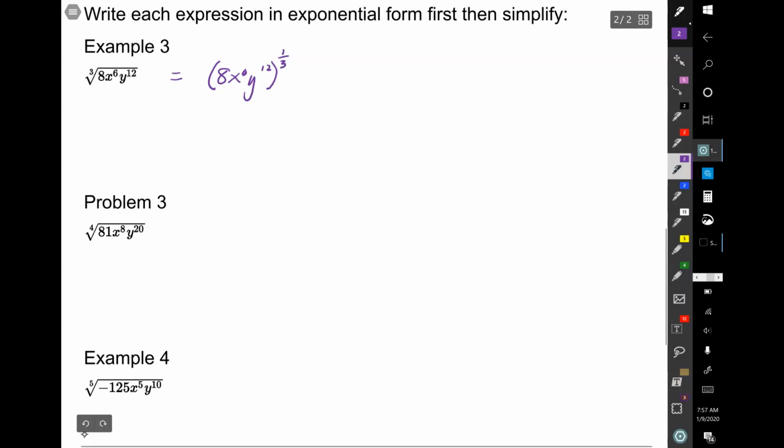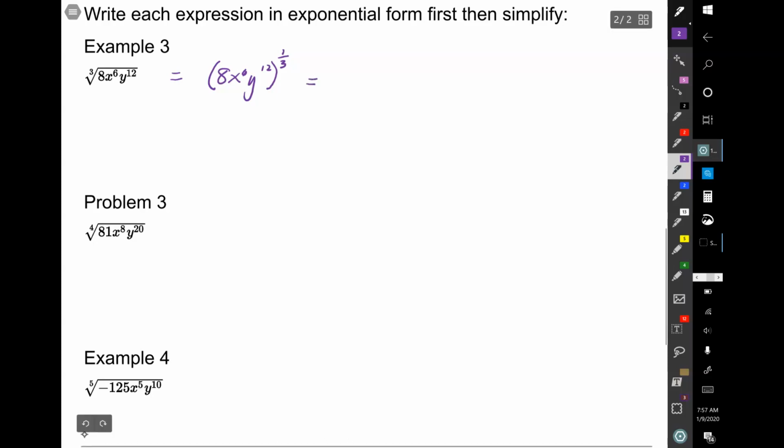This way it's really easy to see how that index will divide into each exponent in the radicand and give you the results that you want. You can take a shortcut with it later, but for now I just want you to see how it works.